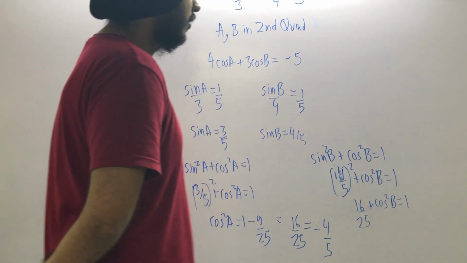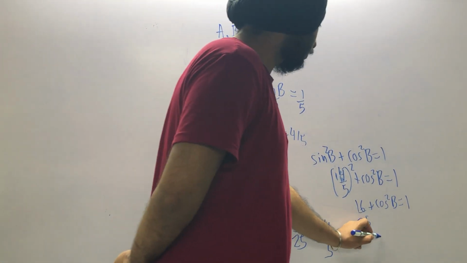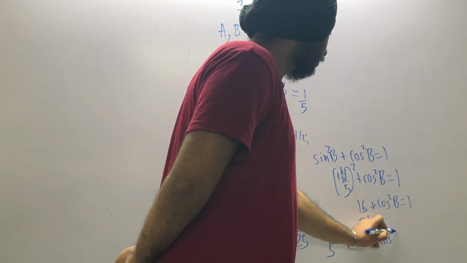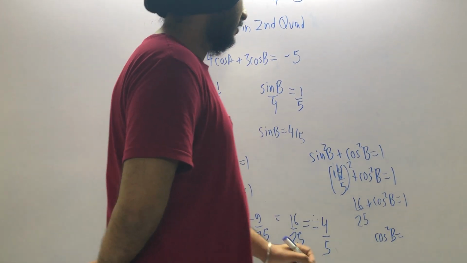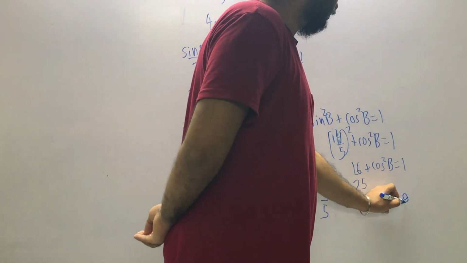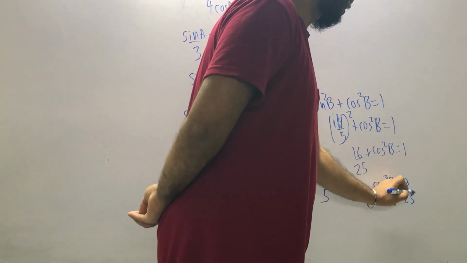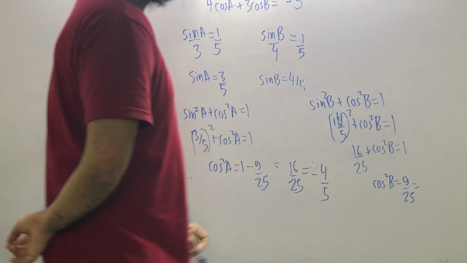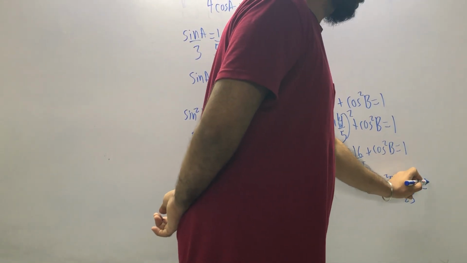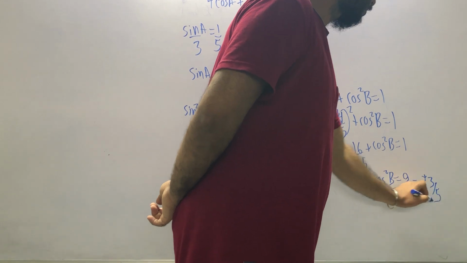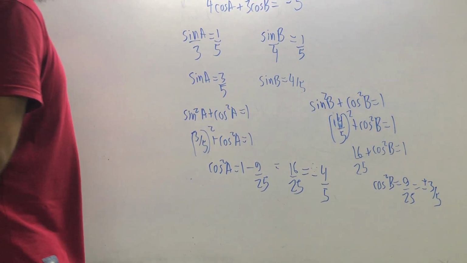Plus cos square B is equal to 1. Cos square B will be how much? 1 minus 16 by 25 is 9 by 25. And cos B will be how much? Cos B will be plus minus 3 by 5.